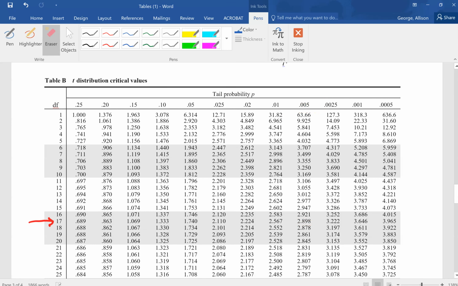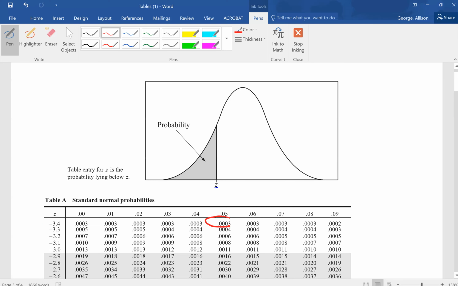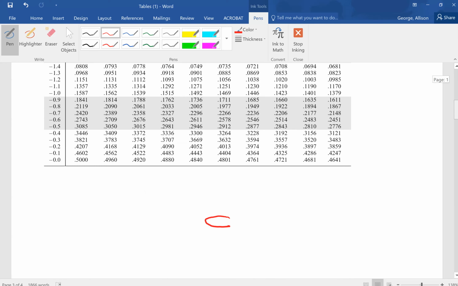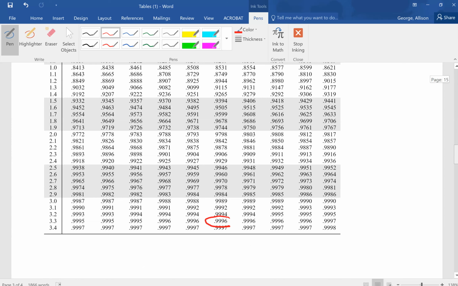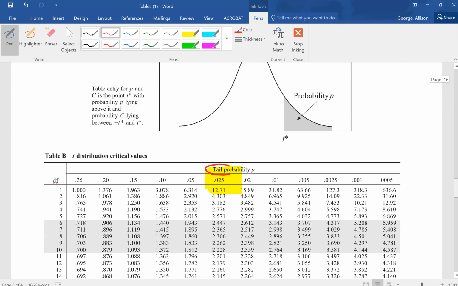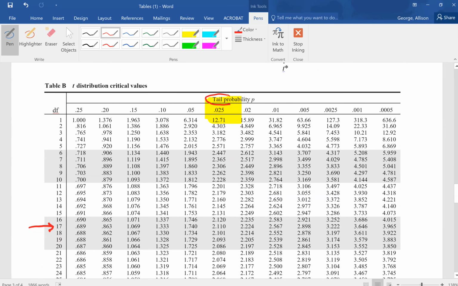Alright, so we're still doing 17, so that's fine. But now we're looking for a tail probability of 0.025. So 17 comes to the 0.025, and it gives us 2.110. There we go.